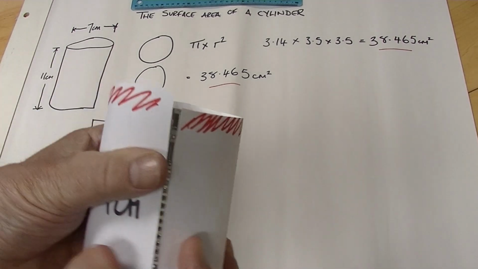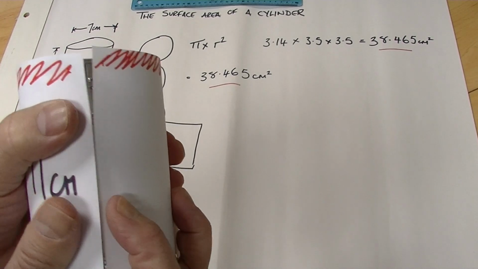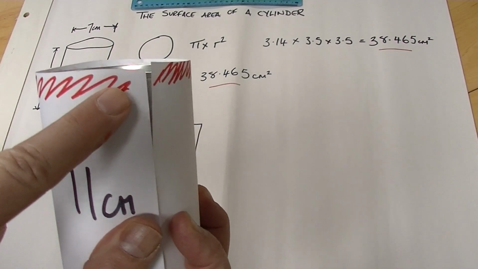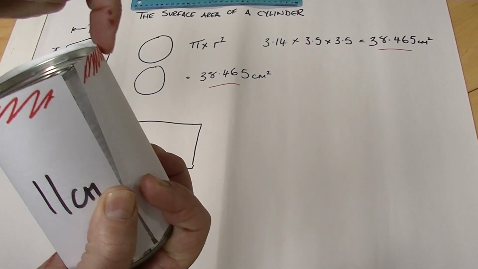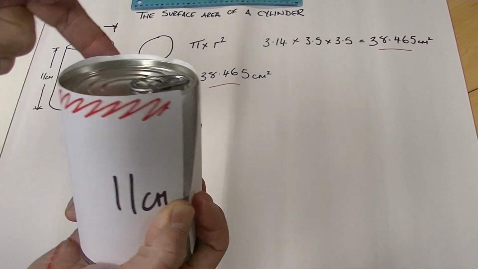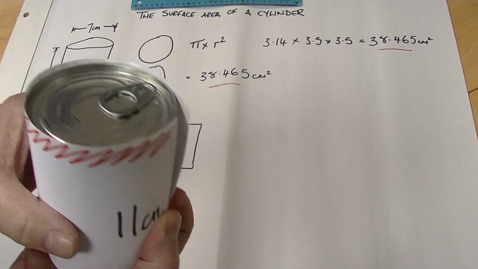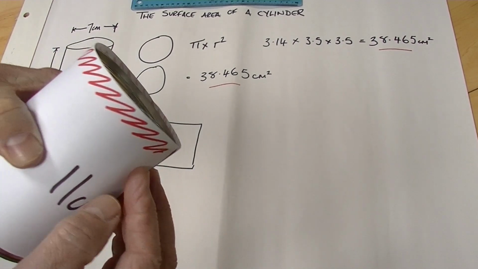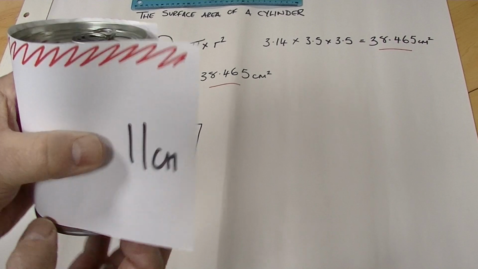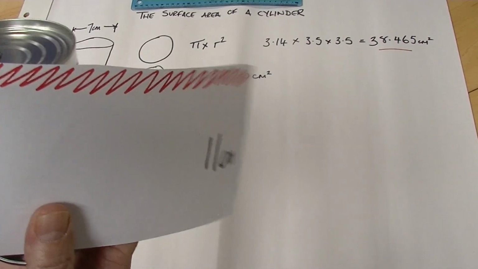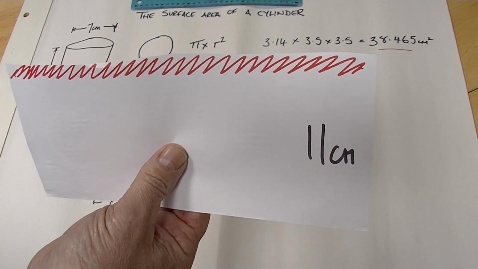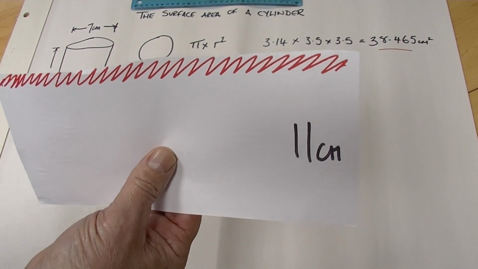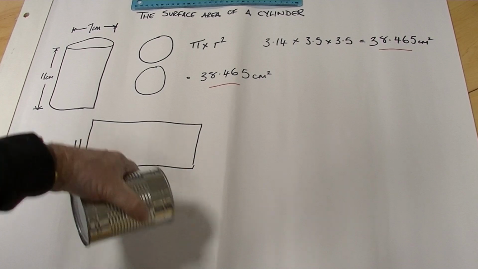You can see now that that red line that I've drawn goes all around the circumference of the circle. So if we measure the circumference of the circle, that is going to give us our missing measurement.